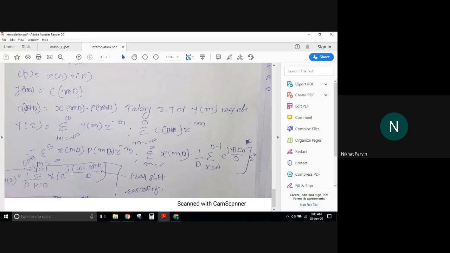So that much aliasing we can get when we do decimation. To avoid that aliasing at the input, we use a low pass filter. And moreover, you can see it is divided by D, which means it also reduces the amplitude by a factor of D.